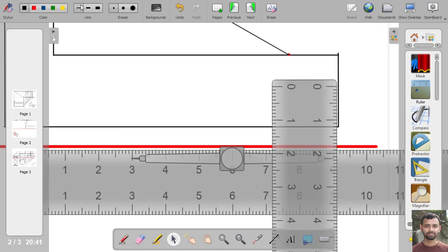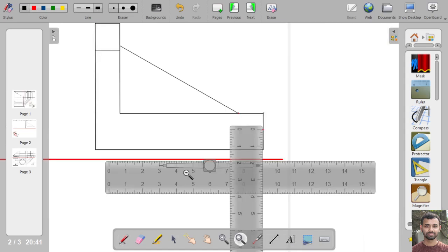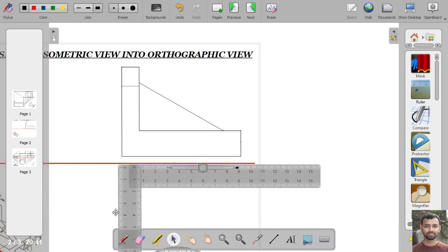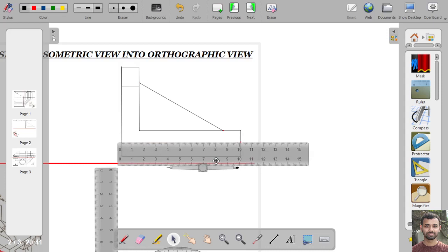Okay, now we will locate the point. So this is the point. Okay, now we will draw a line. As it is a through hole, we will draw this line.